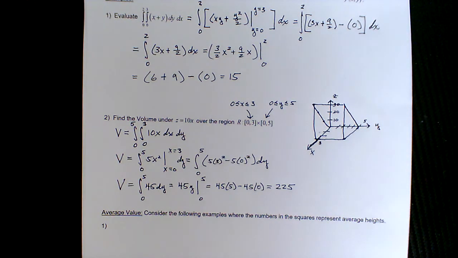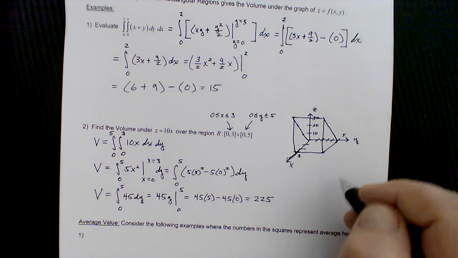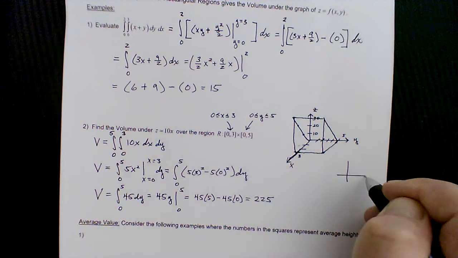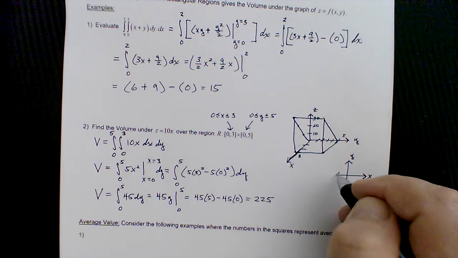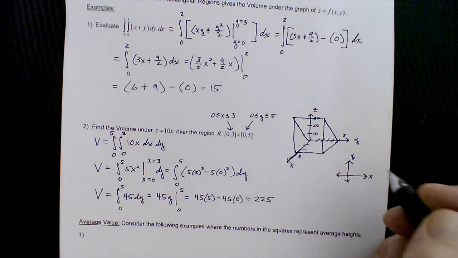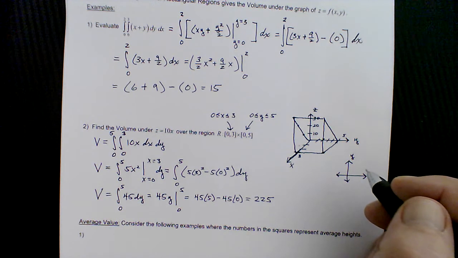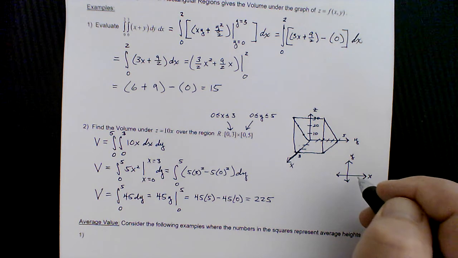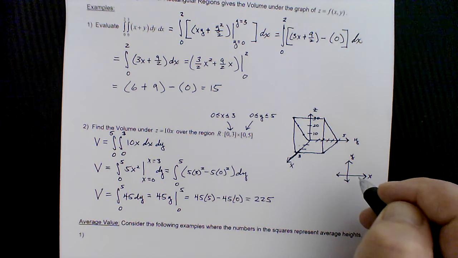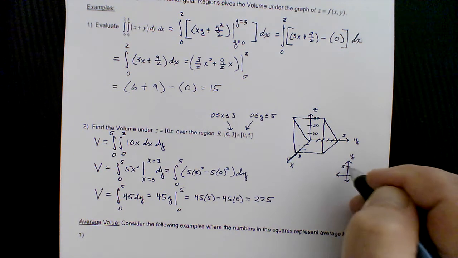Okay, now the interesting thing here is that geometrically, if you look at the base, the rectangular region, that is 15 square units, because x is 3 and y is 5.